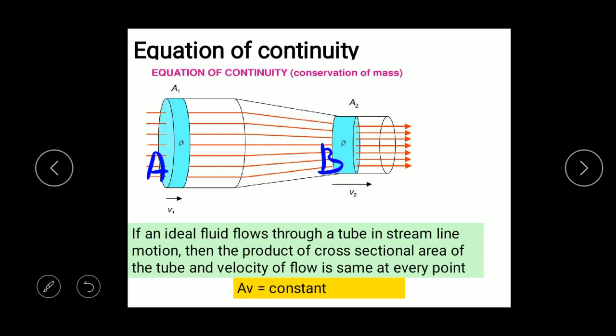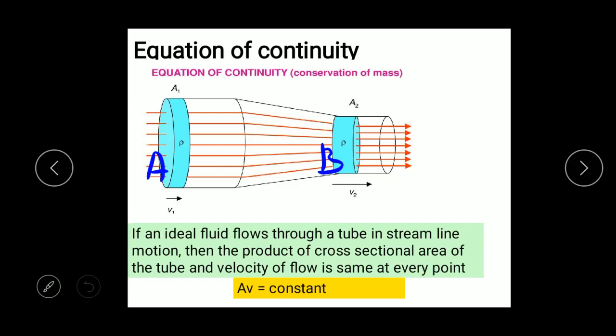The velocity of the fluid at point A is V1, and the velocity of the fluid at point B is V2. Now according to the principle of continuity, A1 V1 is equal to A2 V2.